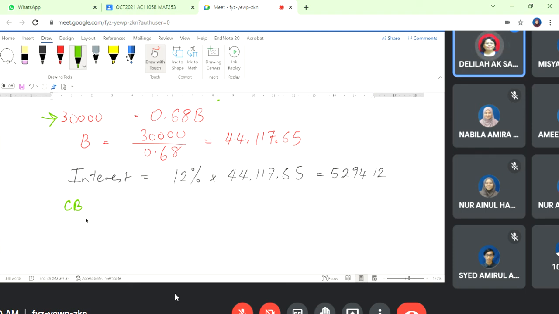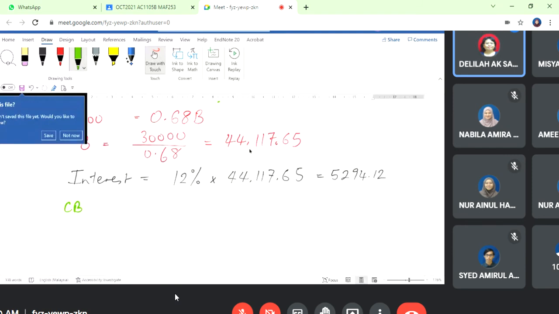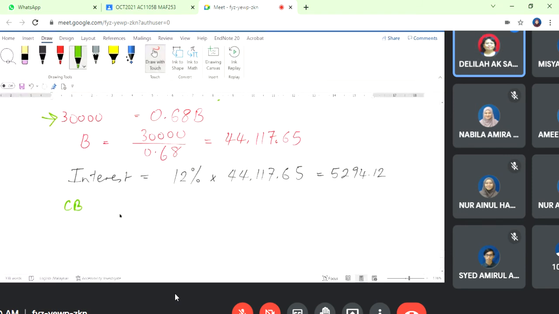Okay, lepas dapat compensating balance tu, okay, 20% times the amount borrowed, you will then take the figure and then masukkan dalam formula amount required equals B tolak 0.12 times B, the interest tolak 20% of B. Okay, just to see whether or not you get 30,000. So this is a check.